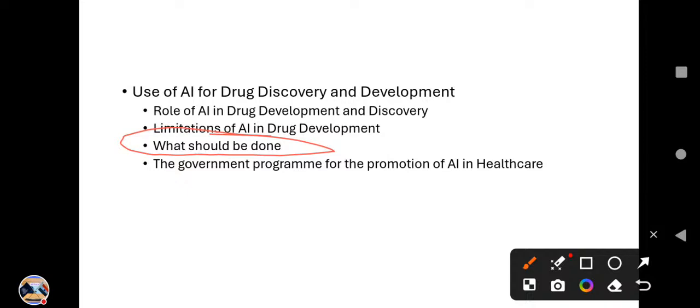And investment, high investment in research and development through the PPP model, that is public-private partnerships, okay, and through innovation and commercialization as well, okay.